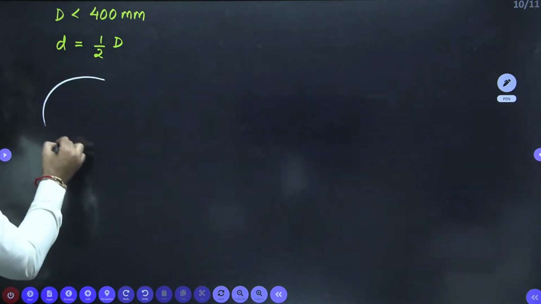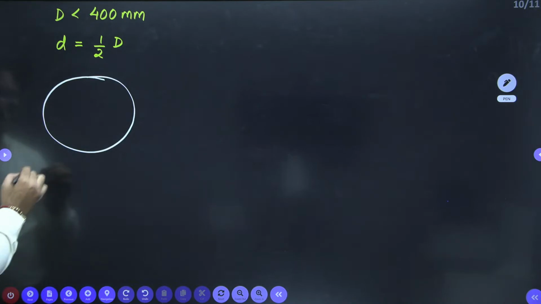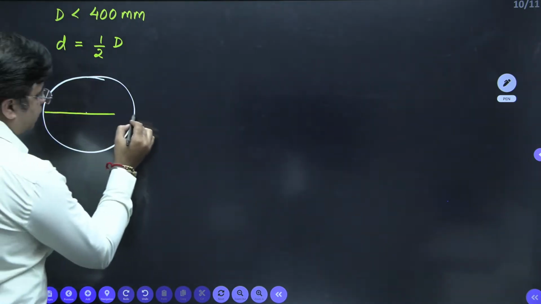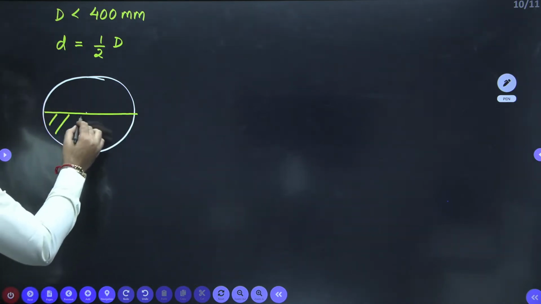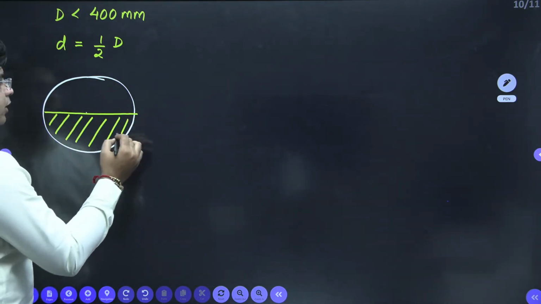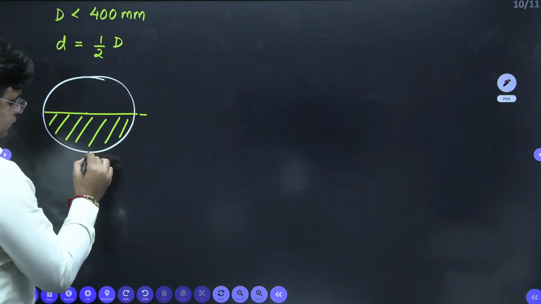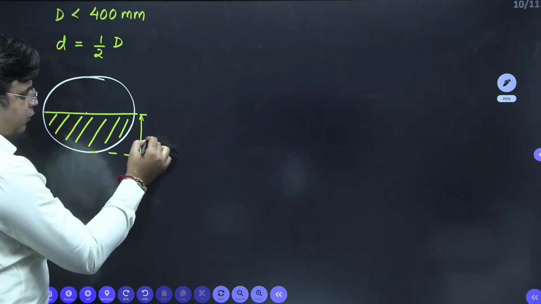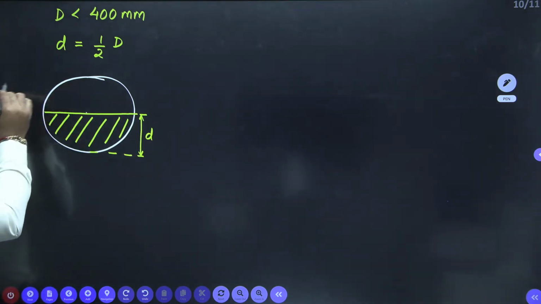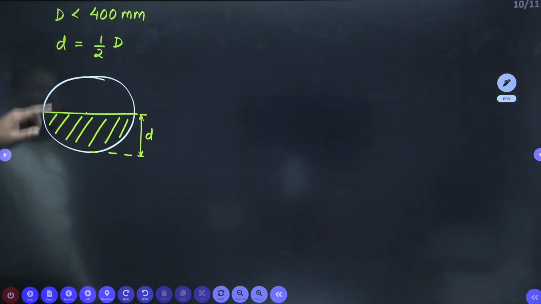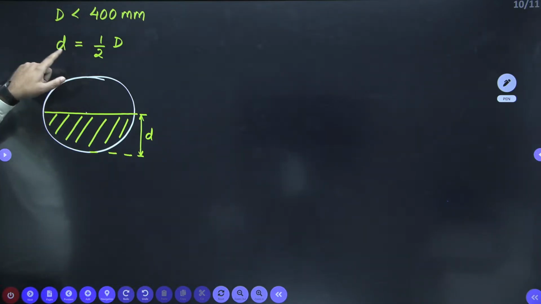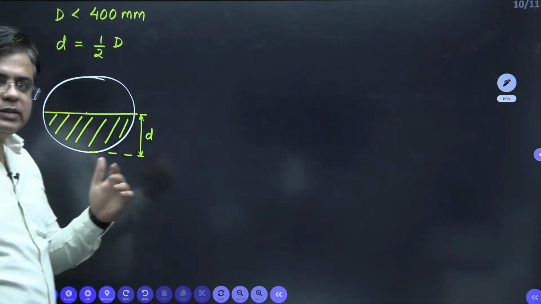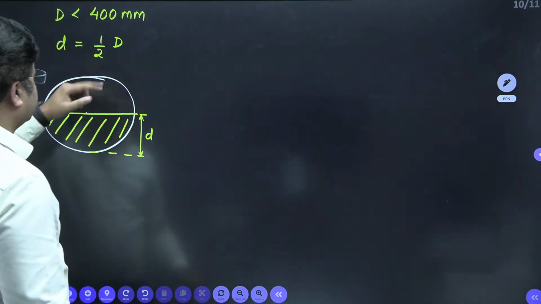For example, this is your sewer of size less than 400 mm, and this will be your depth of flow. They are designed to run half full. This is your depth of flow, small d, and capital D is your size of the sewer, right? So depth of flow is 1/2 times D.